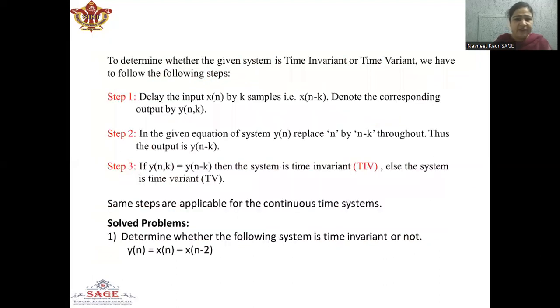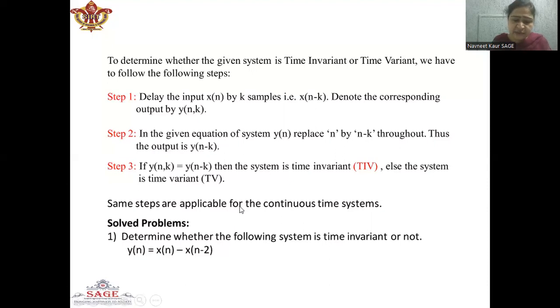Now, we have given the property in the form of steps. First we will delay the input by k samples and then give it to the system. The output will be y(n,k). Now, in step 2, if I give x(n) and I get y(n), and then I delay this y(n), it will be y(n-k). Now, if these two values of output are same, then system is time invariant.